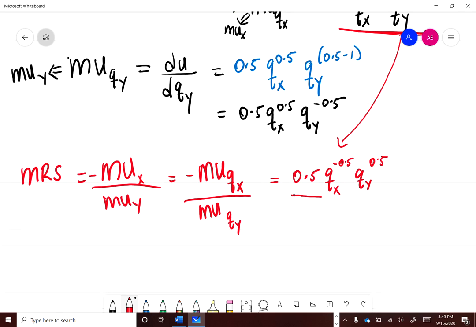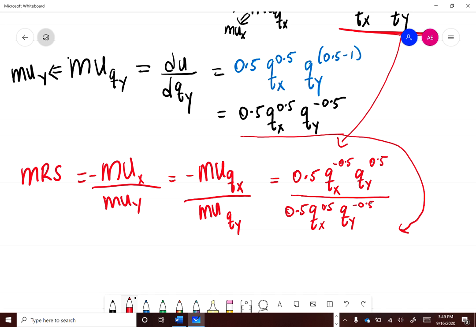And this is going to be divided by, yes, that is correct, mu q of y. We bring that to the denominator, so we have 0.5 times q of x to the 0.5, q of y to the negative 0.5.